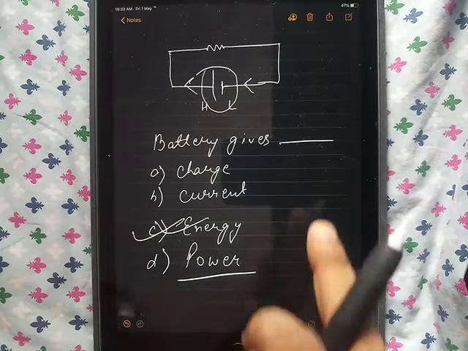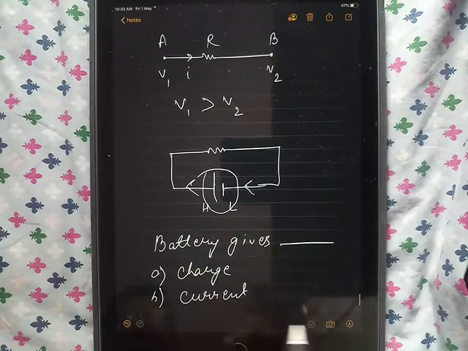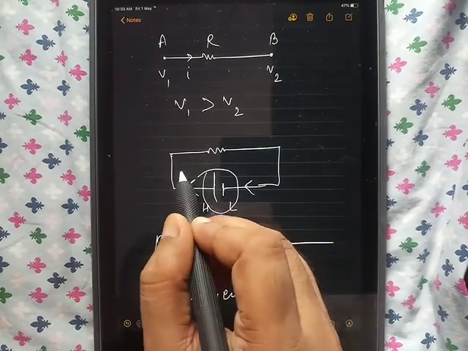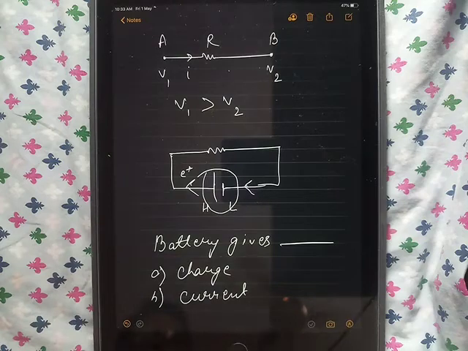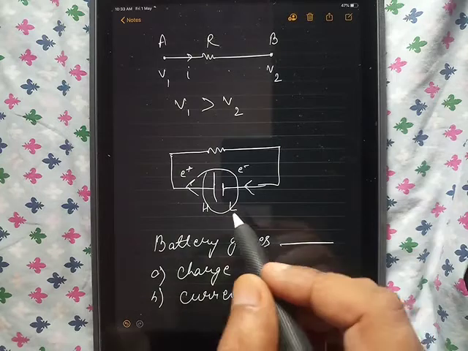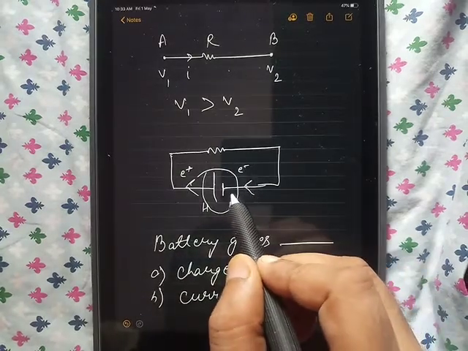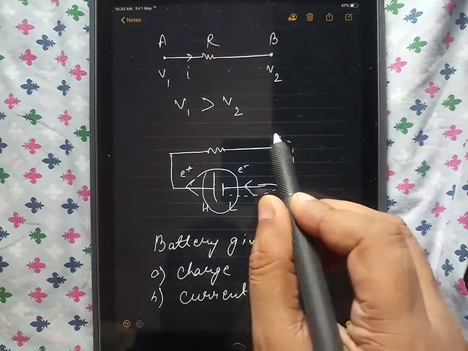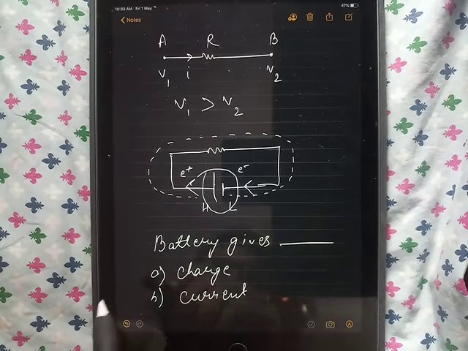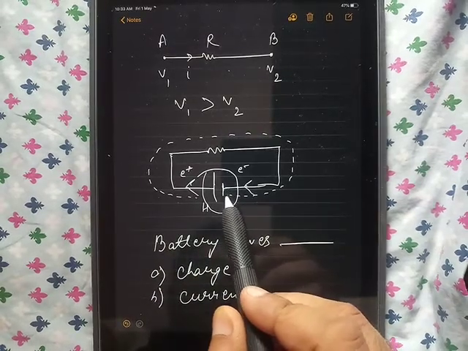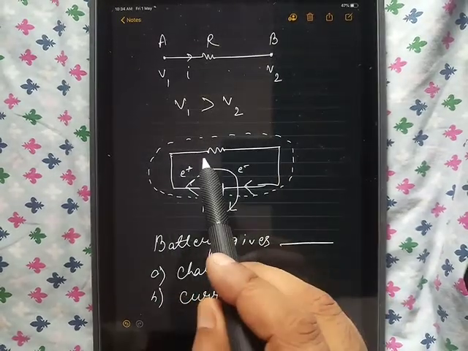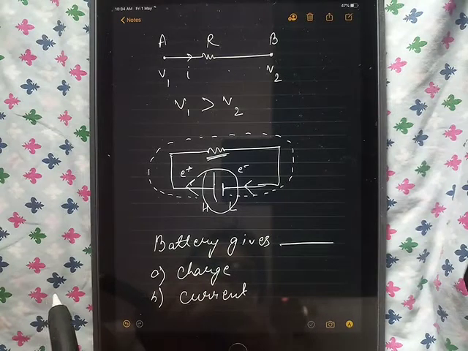It only gives energy. You can simply assume an electron, positive ions or negative ions, whichever you want to take. If an electron moves from negative to positive, it will travel by its own energy. But when it covers this distance, its energy is lost due to this resistance.